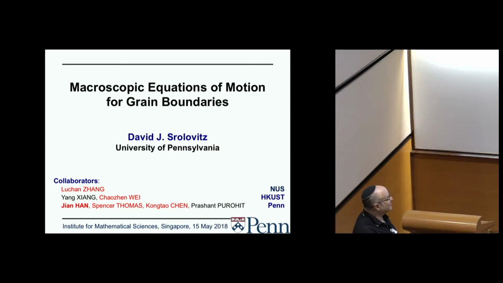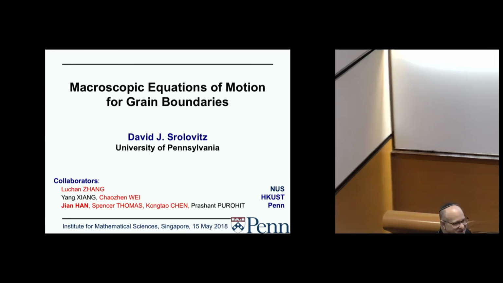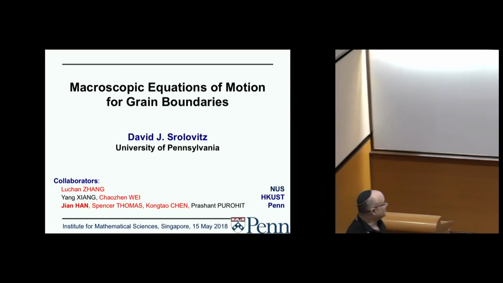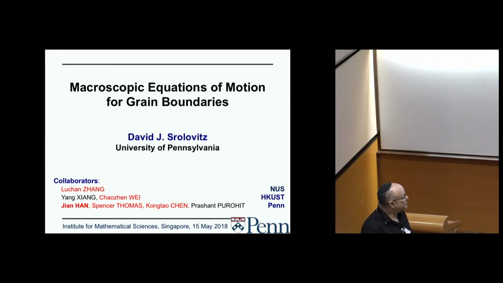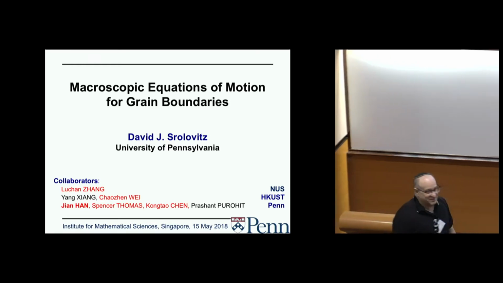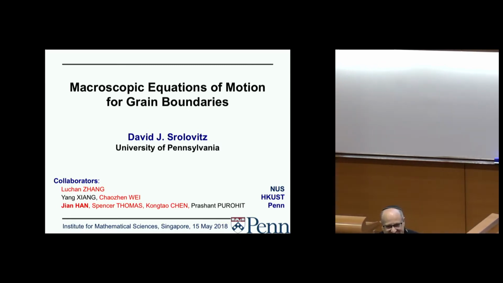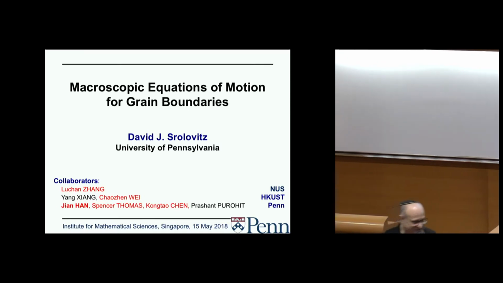Yang's a longtime collaborator of mine. Chao Zhen Wei is a postdoc at University of Science and Technology. Jian Han is probably the person most responsible for the work here, and he just defended his PhD a few weeks ago. And these are two other students, and the ones in black are written because those are the professors, and that's all we know. As we all know, professors just talk to the students who actually do the work.